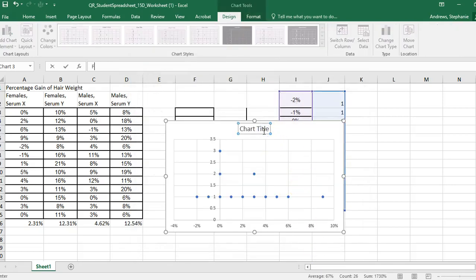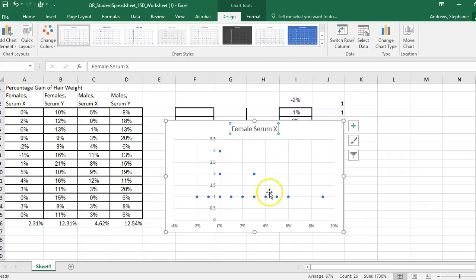And let's title it Female Serum X. When we look at female serum X, there is a normal distribution, if you will, trying to happen back here, but it's far to the left, hovering around 0 and 1%. So I want to keep doing that for all 4 of these.